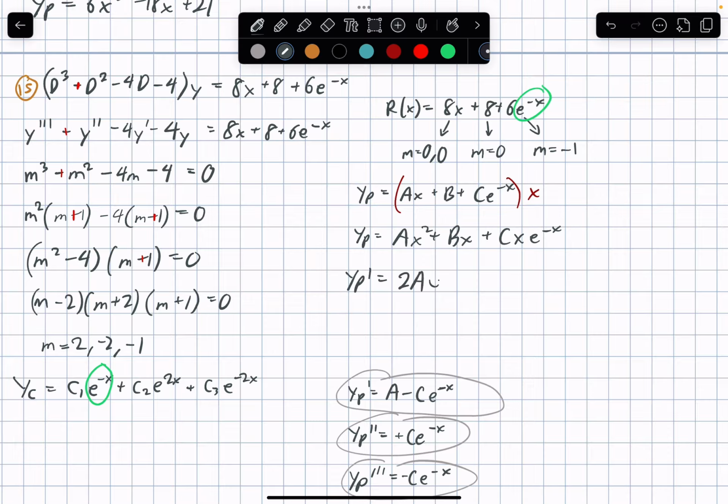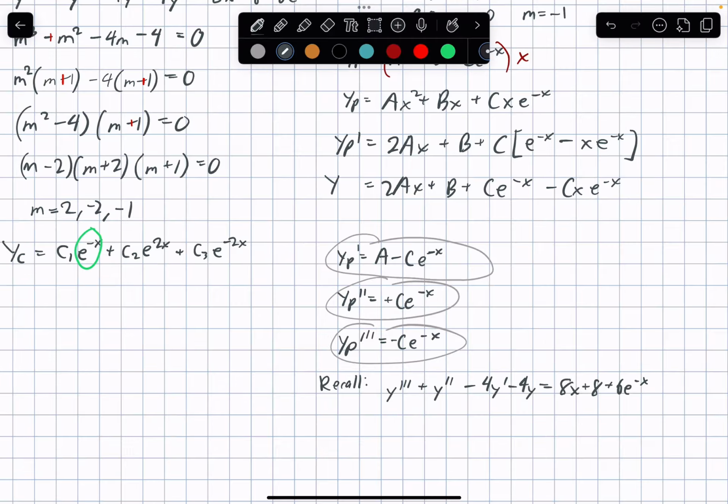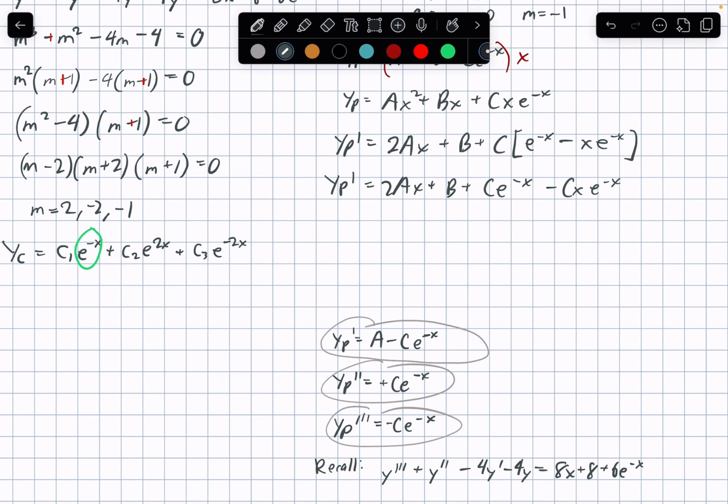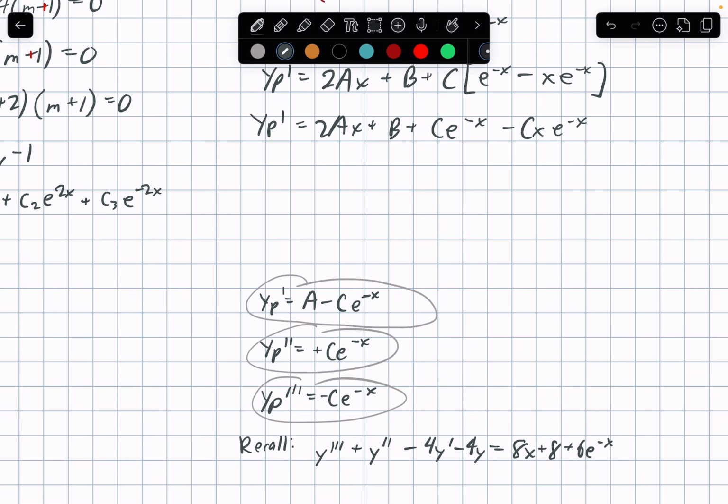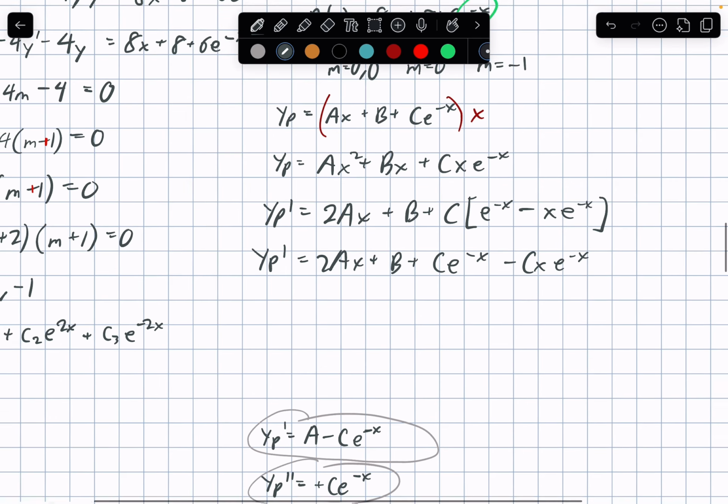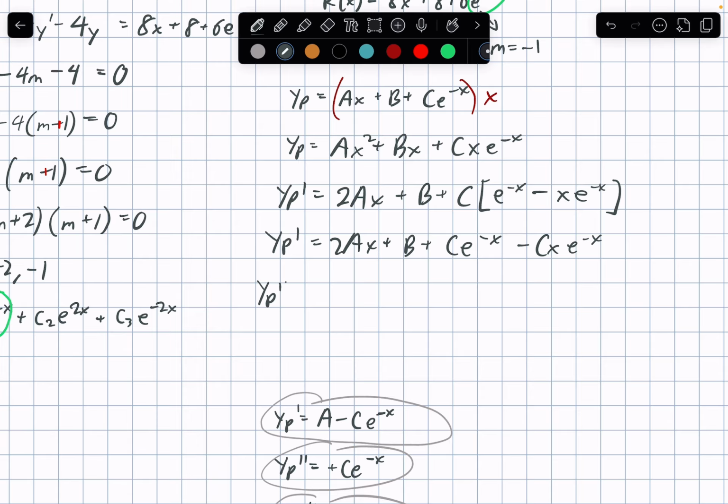Derive. Okay. And then second derivative.